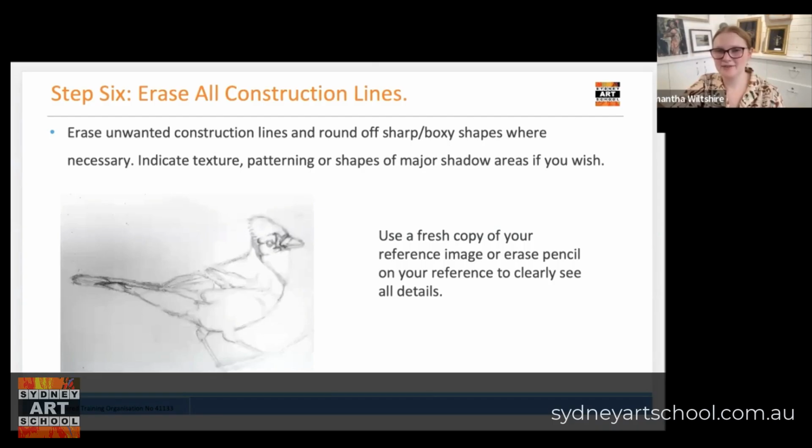All right, now that we have found our smaller details, it's time for us to refine even a little bit further still. So we're going to want to erase any unwanted construction lines and again, continue to round off any sharp or boxy unwanted edges that we might have accidentally neglected. When we construct using primarily diagonal lines, you will sometimes find that things do feel a little bit more stiff and robotic.